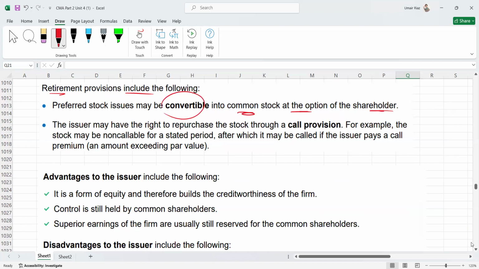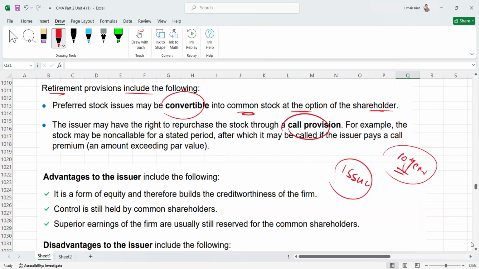Then sometimes we may have a call provision on the preferred stocks also. Call provision is what? For example, let's assume the preferred stocks are redeemable and have a maturity life of, let's assume, 10 years. The issuer, the company who is issuing the preferred stock, may call these stocks, for example, after X number of years.